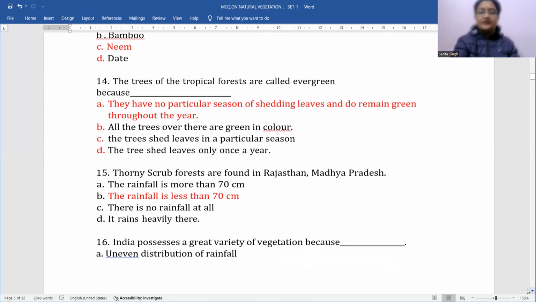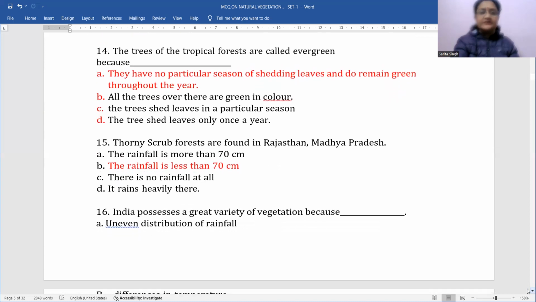Trees of the tropical forests are called evergreen because they have no particular season of shedding leaves and do remain green throughout the year. Now, children, here we are talking about the tropical forest, which is also called the tropical evergreen forest, right? Now why do we call it evergreen? We call it evergreen because it is not that the trees don't shed their leaves.